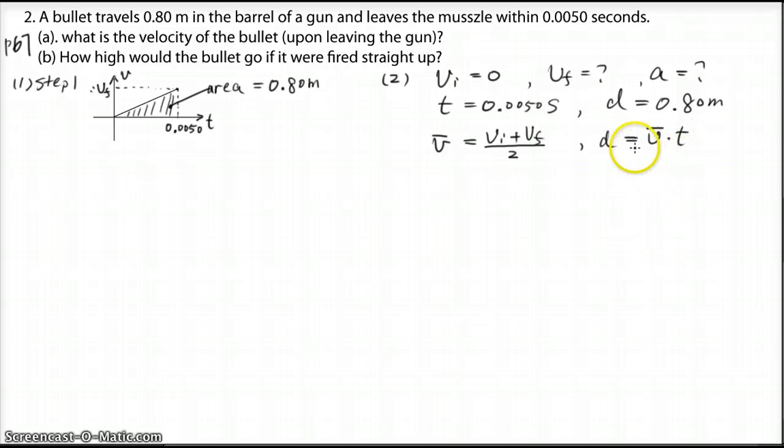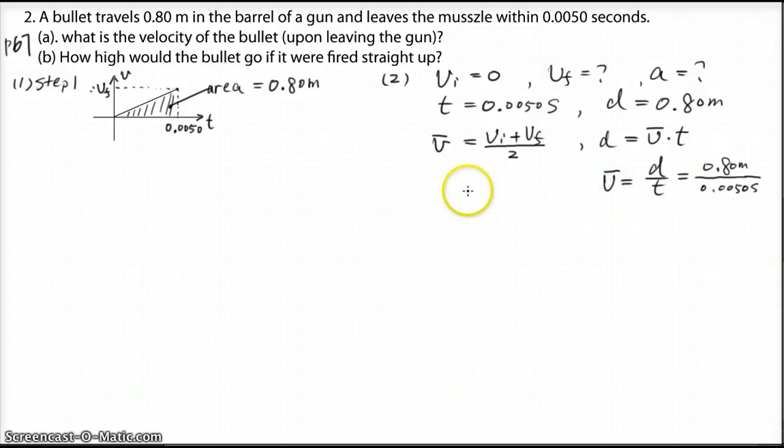Now you can tell we know the D, we also know the T. So it looks like we can find the average velocity. So average velocity equals D over T, which is 0.80 meter over 0.0050 second.